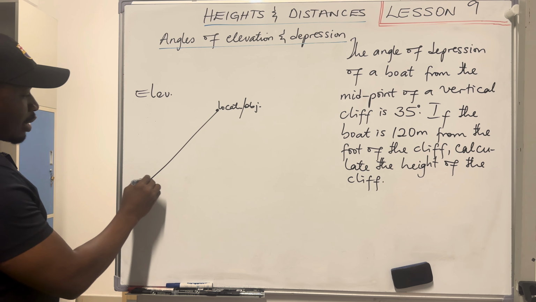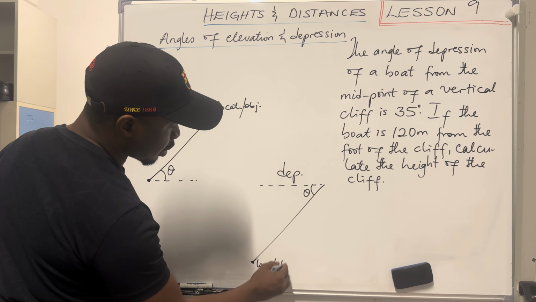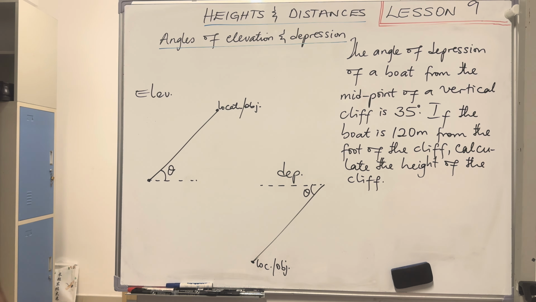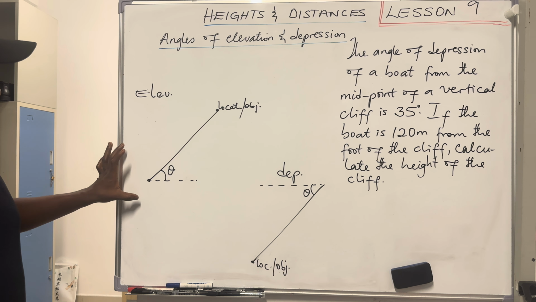So for angle of depression, the angle is always above. You see, the angle is here. The angle is always above a particular location or object. So this is angle of depression, this is angle of elevation.